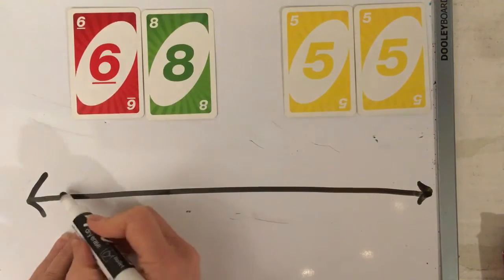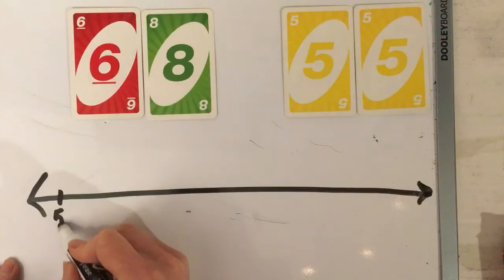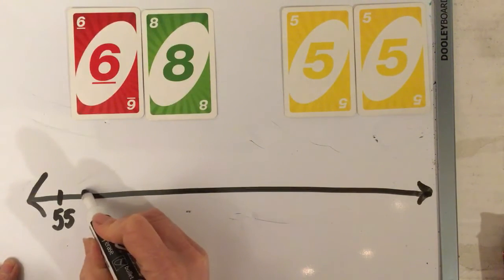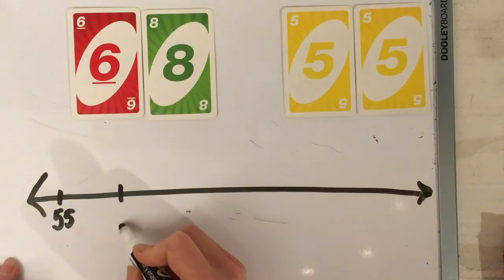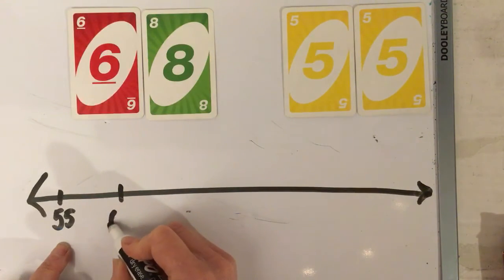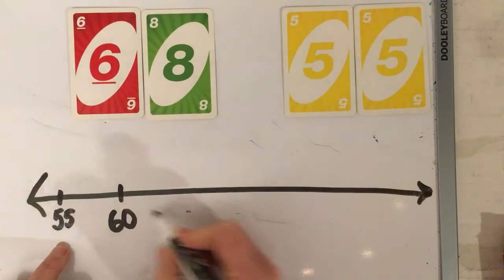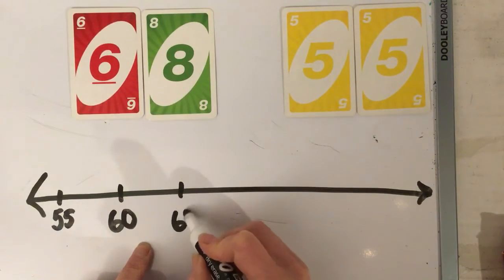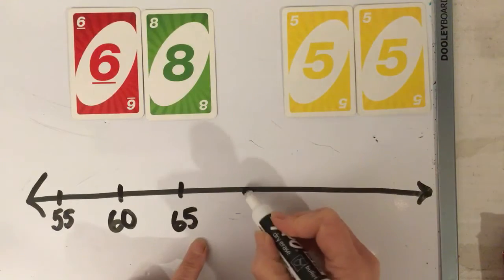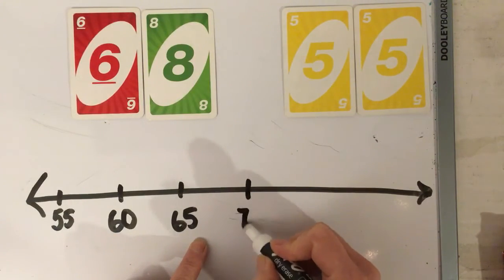So 55, I'm going to say 55, and then I'm going to go 5 more. 55 plus 5 is 60. 60 plus 5 is 65. 65 plus 5 is 70.